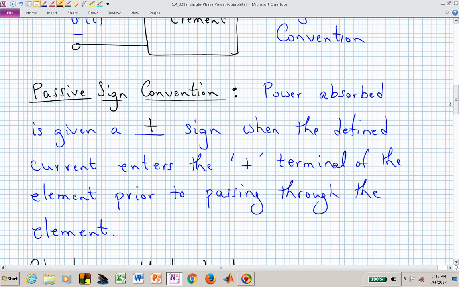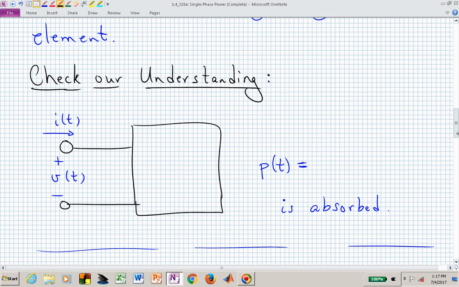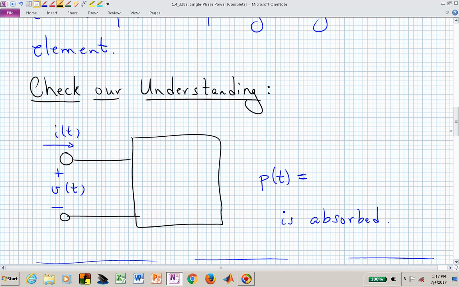And whether it's actually absorbed in reality or supplied, that will all fall out as we go through the algebra. So here, let's just quickly check our understanding on what we're saying.